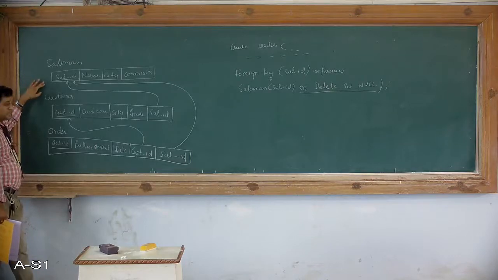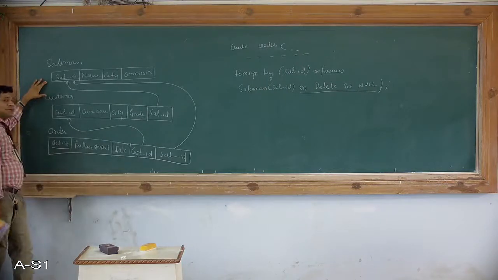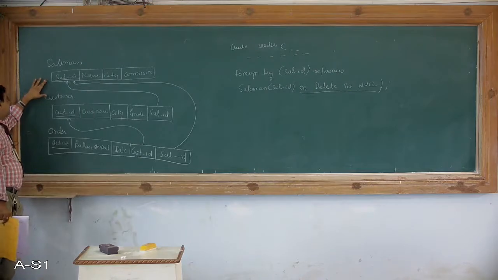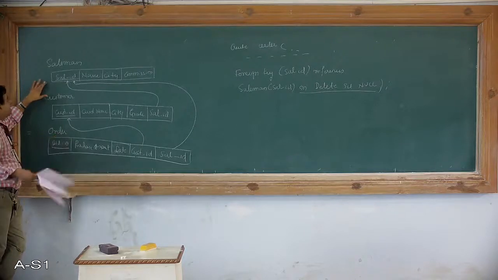I can only delete salesman from here. If he left the job, I have to delete all his details. But in this case, I can delete it from the salesman table, one row from here. That particular salesman has left the job, so I have deleted from here.